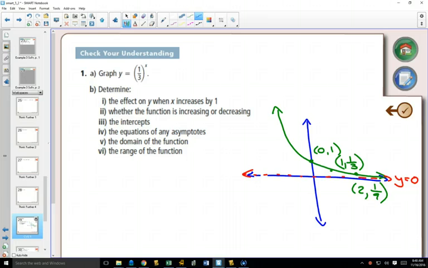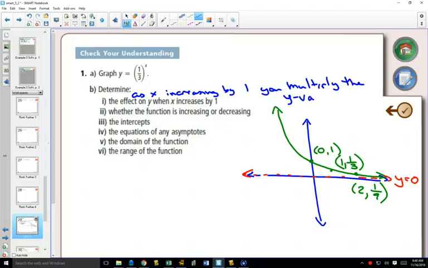So the effect on y, as x increases by 1, is that you multiply the y value, in this case, by 1/3.